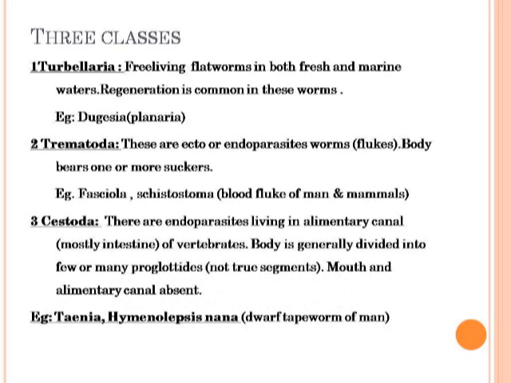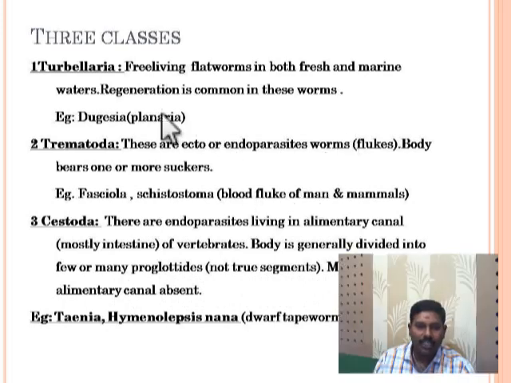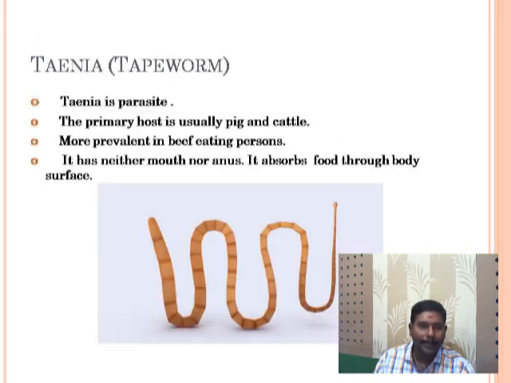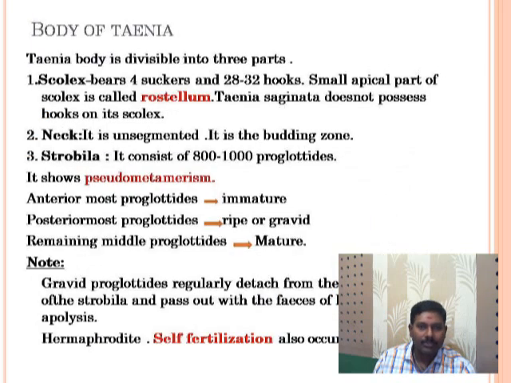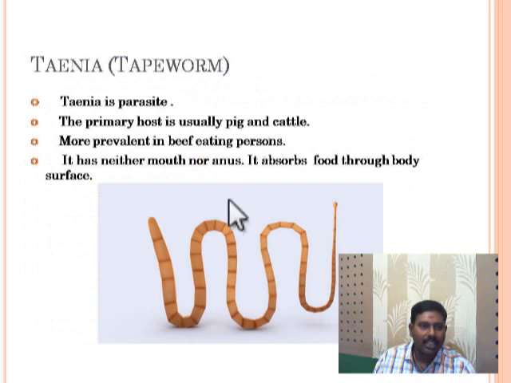Let's discuss the structure of the animal. That will help you understand what is proglottid, what is sucker, what are hooks, like that. Here this is a Taenia solium.